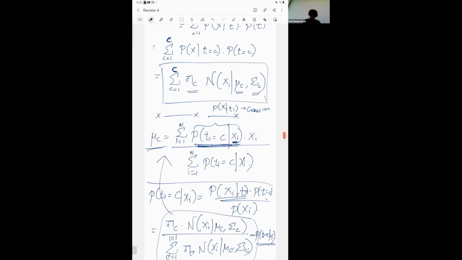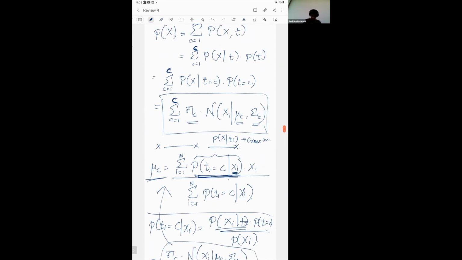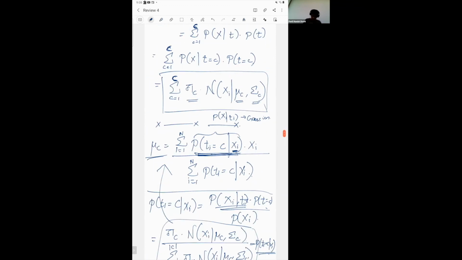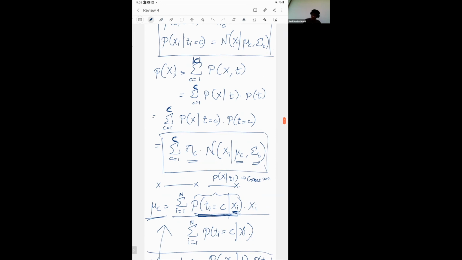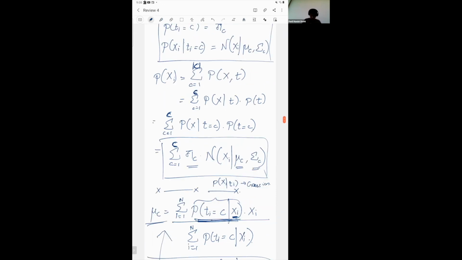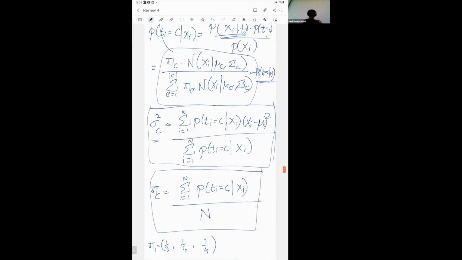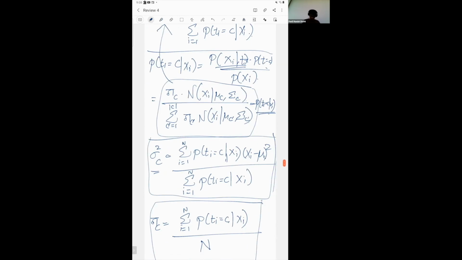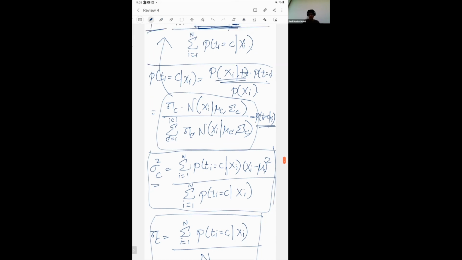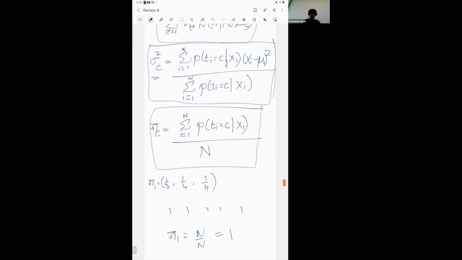So these are the formulae of how, in Gaussian mixture models, you would find the new mu c, you would find sigma square c, you would have all your Gaussians, and you would also have pi c, and then you would iteratively change this pi c.